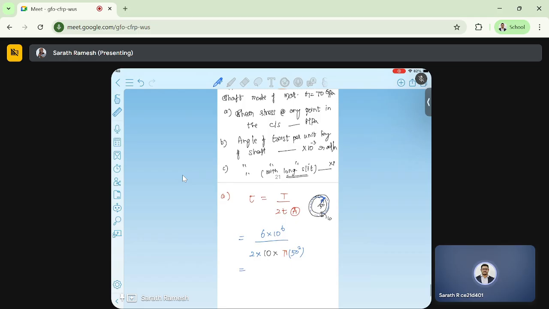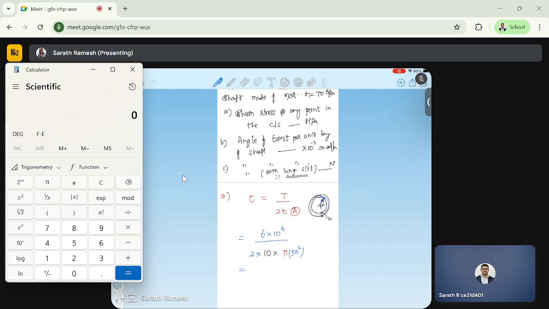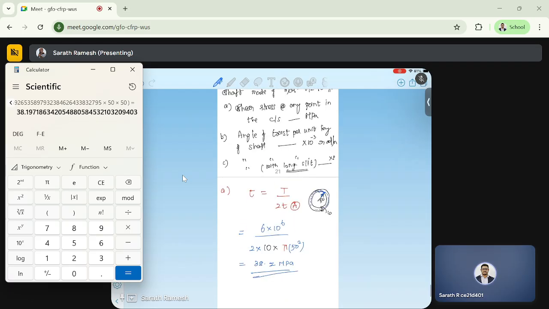Just substitute: 6 into 10 to the power 6 divided by 20 into pi into 50 into 50. So it is 38.2 megapascal.